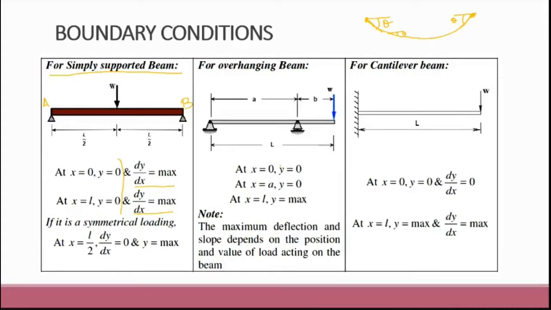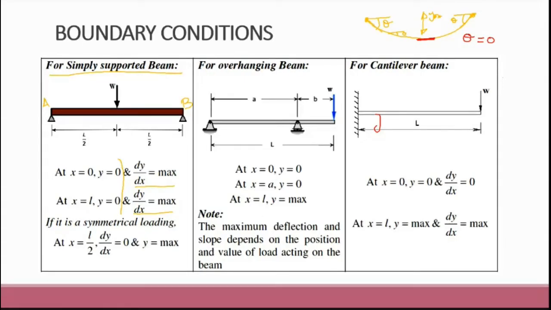So for symmetrical loading condition, you will have maximum deflection at the center. Only at the center you will have maximum deflection. If you look at what happens to your slope at the center, you will have a horizontal line, which means your slope is 0. Your theta is horizontal, which means you don't have any slope.